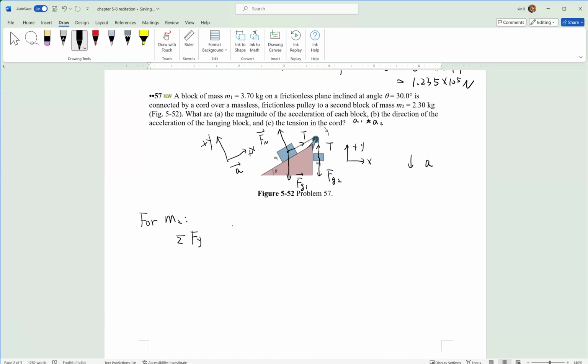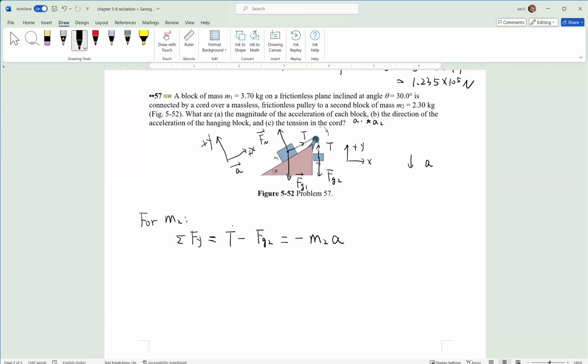So after that, let's do net force along y direction, which will be equal to tension going up minus Fg2. If our acceleration goes down, it should be negative M2a. Be very careful. If we assume acceleration goes down, but we get a negative value, that means our assumption is not right.